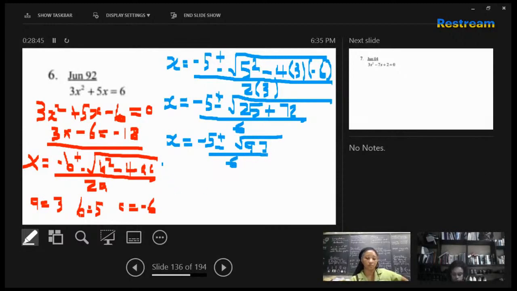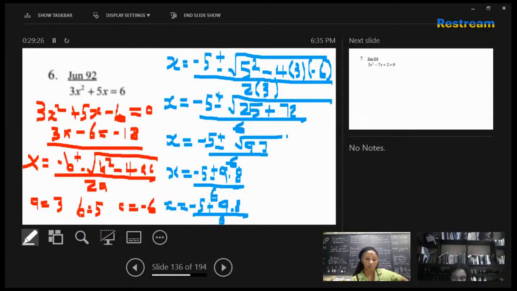The square root of 97 is 9.8, so x equals -5 plus or minus 9.8 over 6. Okay, so now x equals -5 plus 9.8 over 6.